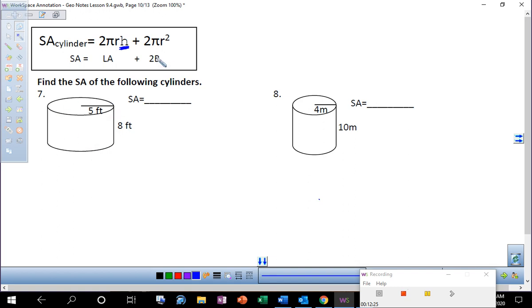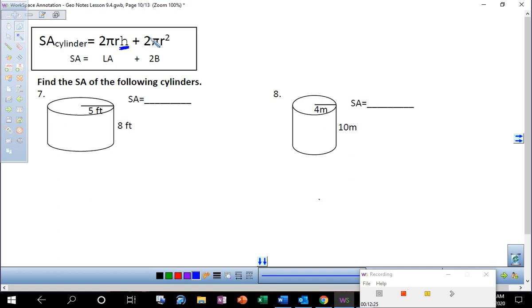That's your formula that basically takes care of your sides. And compared to our cone, we now have a base on the top and a base on the bottom. So 2 bases, which means I had to take my circle area formula, pi r squared, and multiply that by 2. Same idea as what we just did for our cone. We're going to take each piece one at a time.